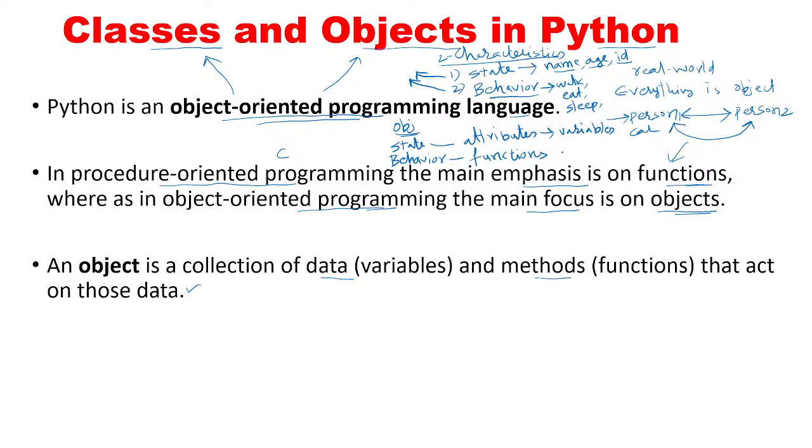So every object in programming will have these two features: a set of variables which defines the state of the object, and a set of functions which defines the behavior of the object. That's how an object is defined in object oriented programming. It is taken from the real world scenario, and the same thing is implemented in programming. So the definition is: an object is a collection of data, and this data defines the state of the object.